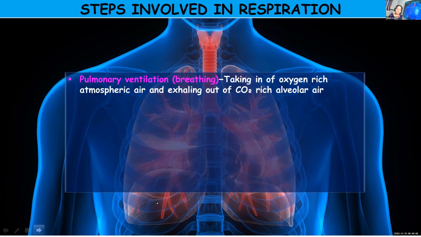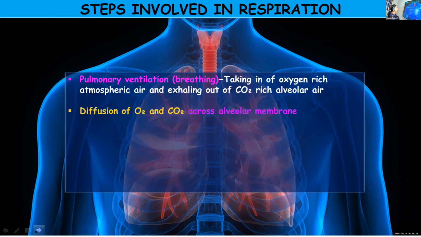So from all these cells, the carbon dioxide will be taken up by the blood, and the blood will bring it to the alveoli. And from the alveoli, it will be expelled out. So pulmonary breathing means taking in of oxygen-rich atmospheric air and giving out carbon dioxide-rich alveolar air.